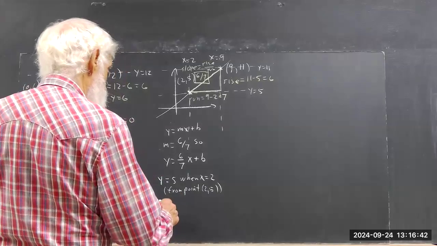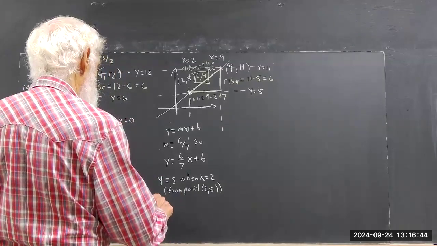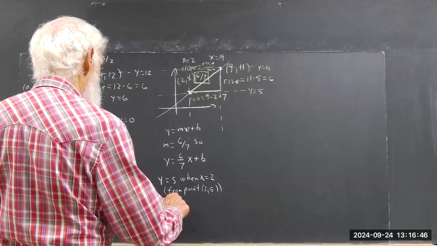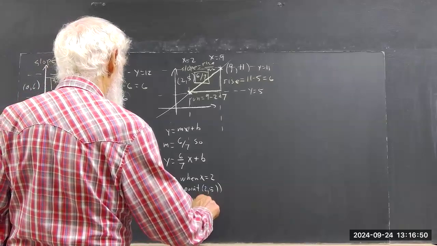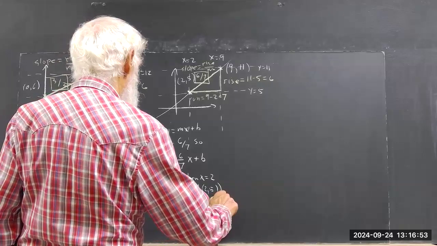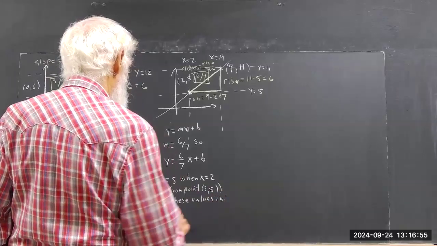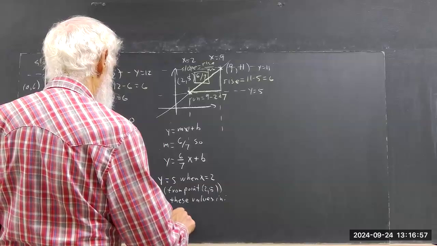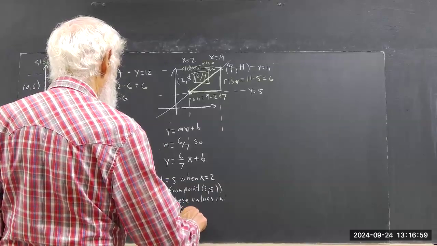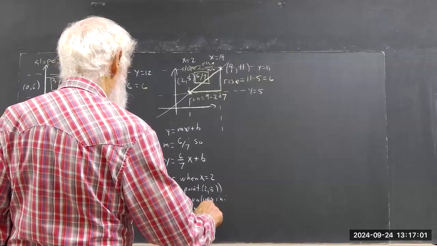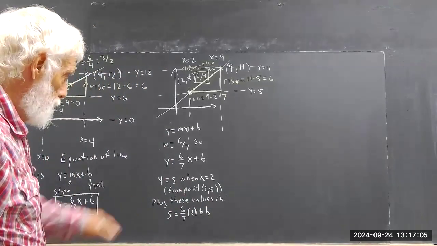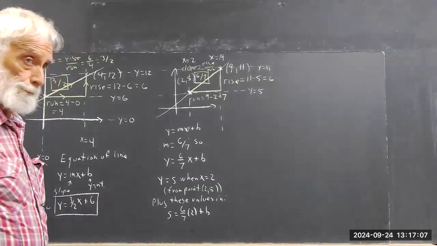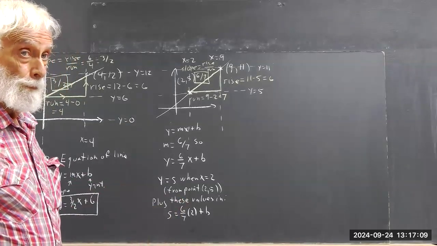So we plug in. And we get 5 equals 6/7 of 2 plus b. How do you solve that equation for b?